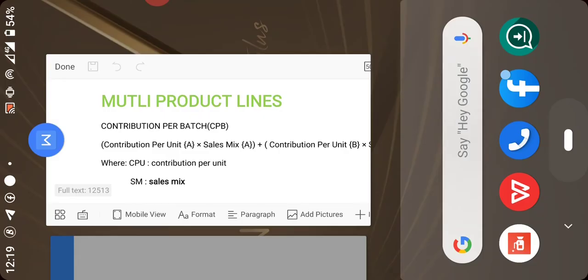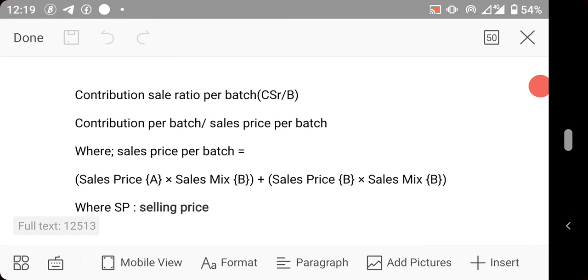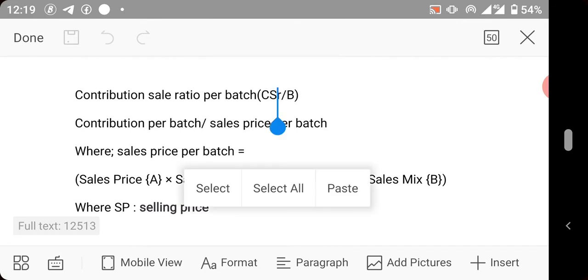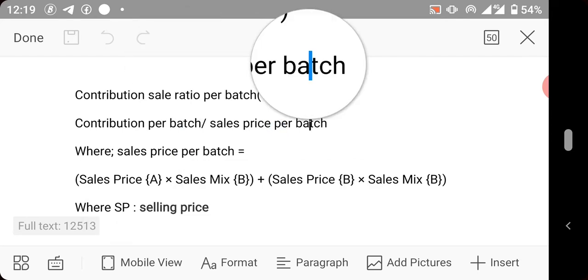Look at it. Contribution sales ratio is equal to contribution per batch divided by sales price per batch.